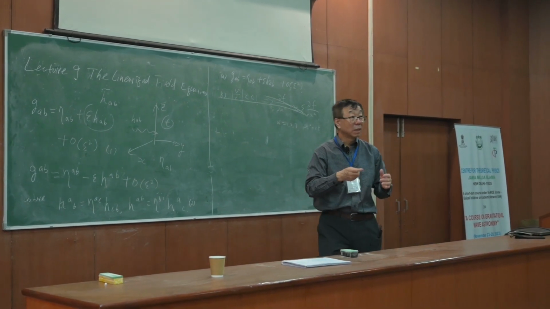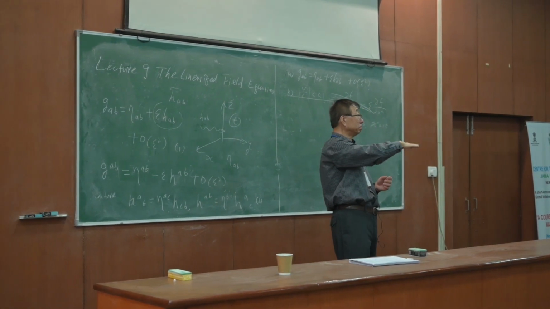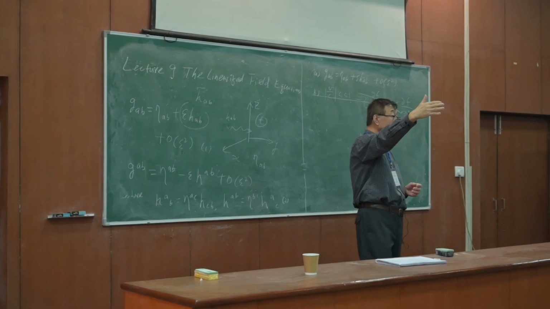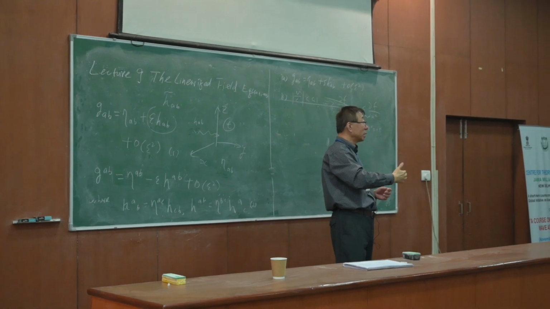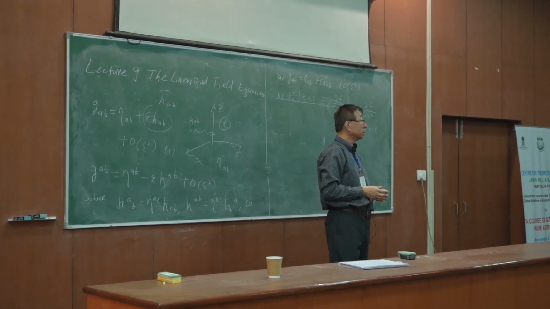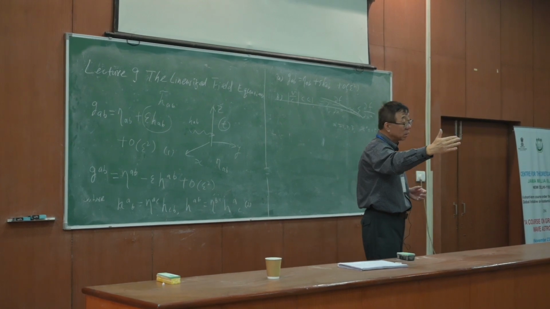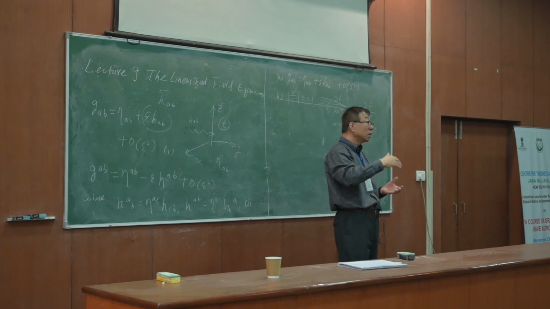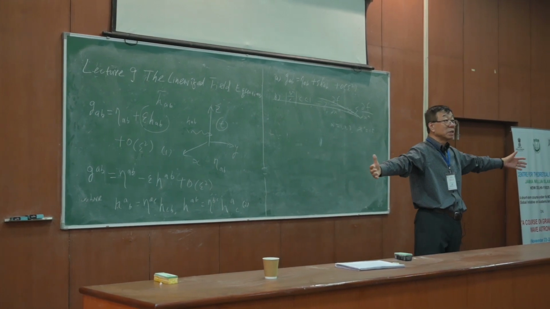But the problem is, as I said, the gravitational wave theory is very clean. If they come from a long distance to us, there is almost no interaction with anything else. From the source time until they reach us, the only change is the amplitude, because our universe expands.